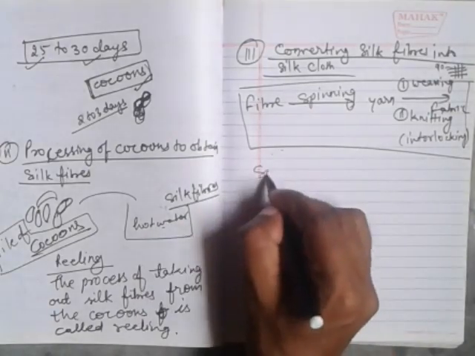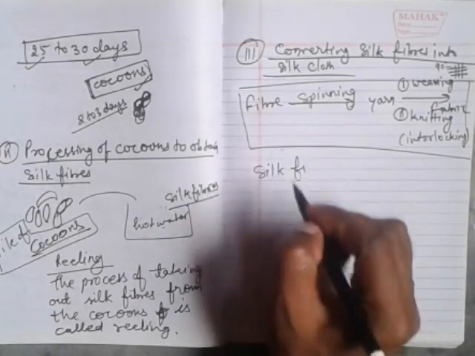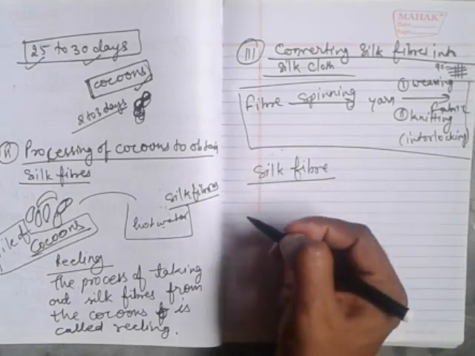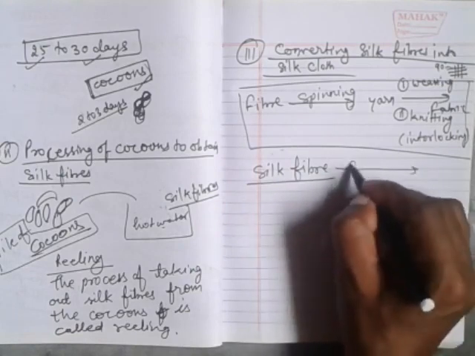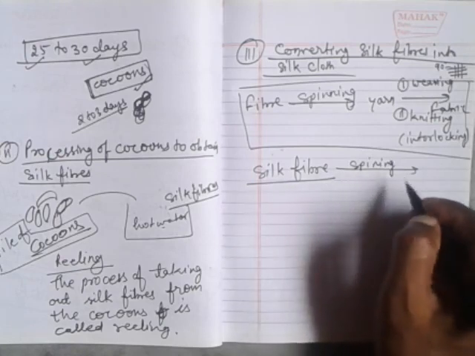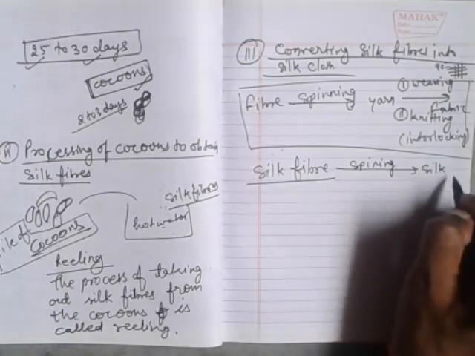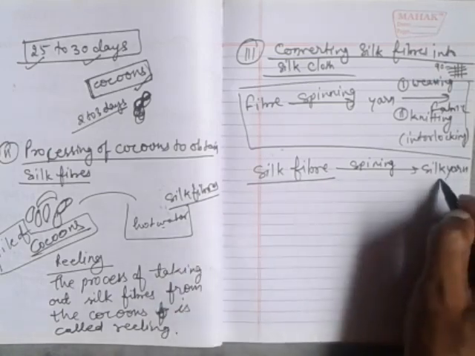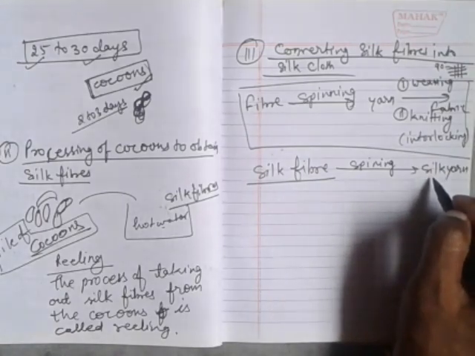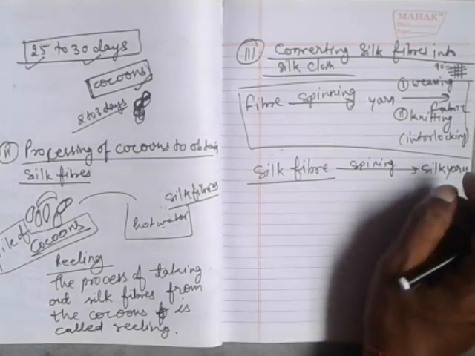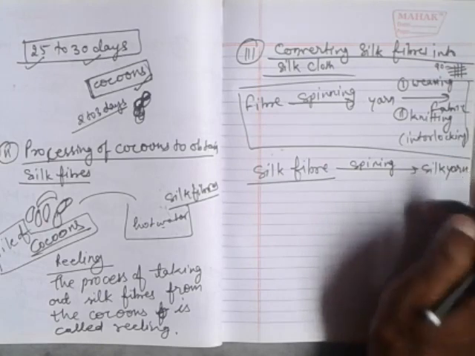So the silk fiber which we obtained in the second step, we have to perform a spinning process to get silk yarn, and this silk yarn is woven on looms into silk cloth.